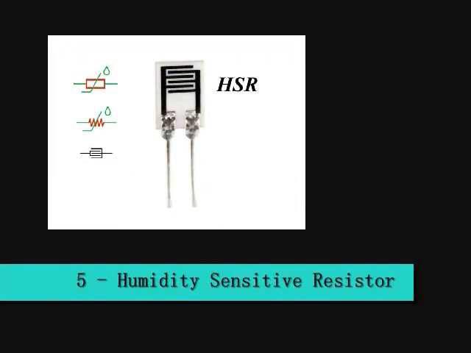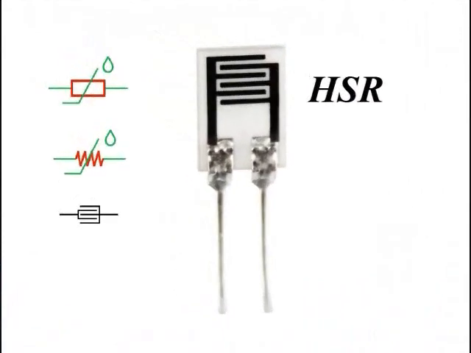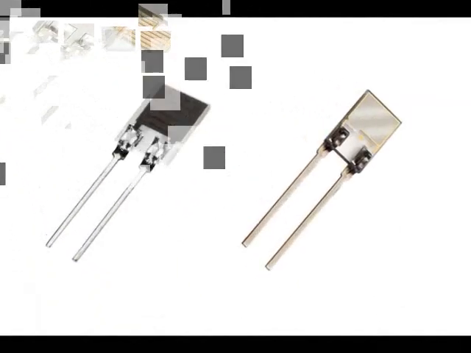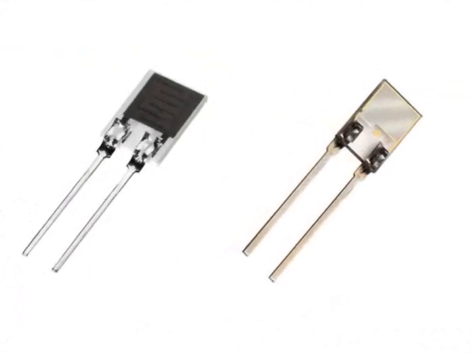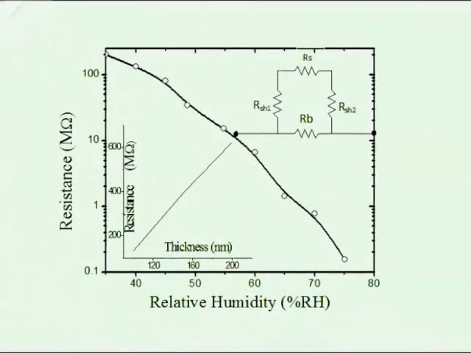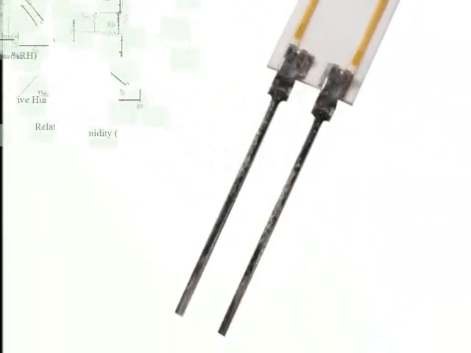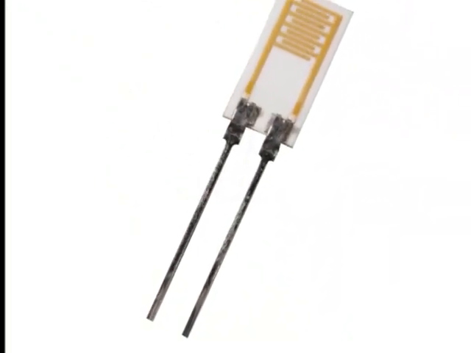Five. Humidity sensitive resistor, HSR. Humidity-sensitive resistors are sensors that change the resistance of the sensor when the humidity level of the environment changes. Humidity-sensitive resistor is made of materials that have low resistance.